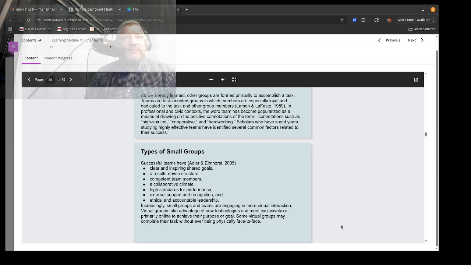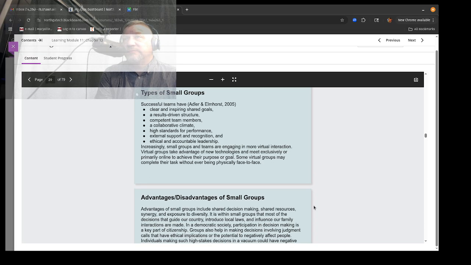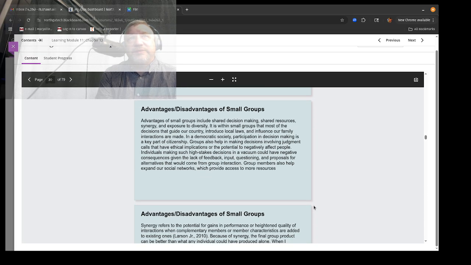Increasingly, small groups and teams are engaging in more virtual interaction through technology such as Zoom and other FaceTime things. Some virtual groups may complete their task without ever physically seeing other members face-to-face. And that's kind of crazy to think about, but we do live in that space.